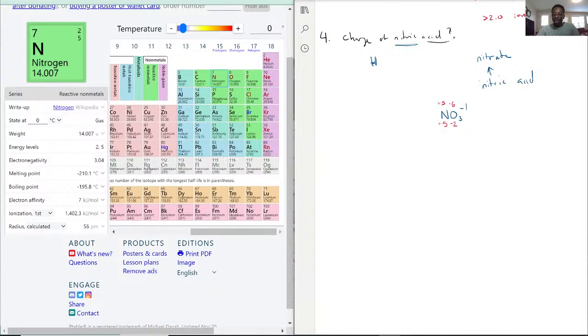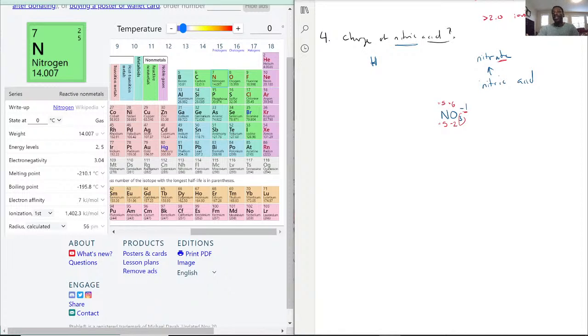I like to do it like this because if my numbers weren't matching, so that I could not add or subtract to get to the -1 I wanted, then I know I have the wrong amount of oxygens. Nitrate is the one with the oxygens where the charge makes sense.